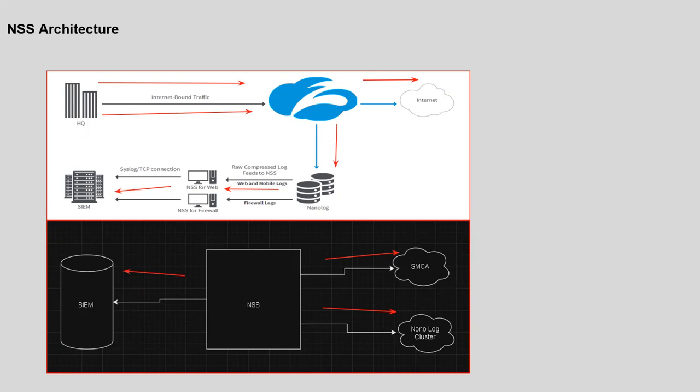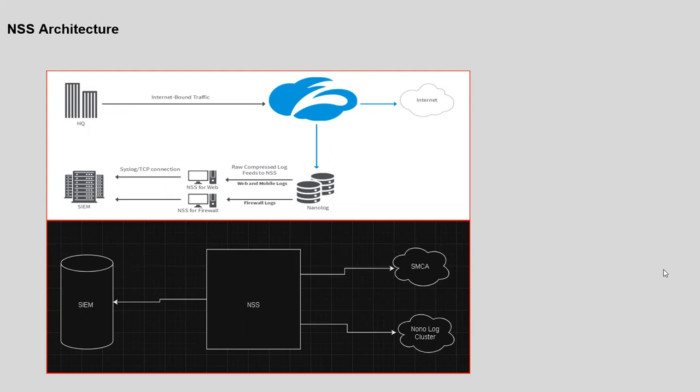Once that feed configuration is available, it will check the feed's SIEM IP and port details, and then create a connection to the SIEM solution based on the port and IP you configured. Once that is up, NSS will connect to the nanolog cluster. And once we have all three connections up and running, we will start seeing logs. The nanolog cluster will start forwarding logs to NSS, and NSS to your SIEM solution.